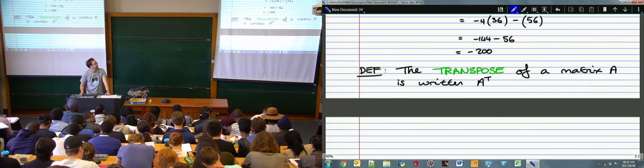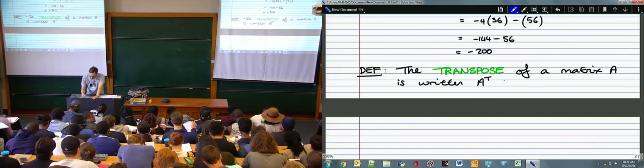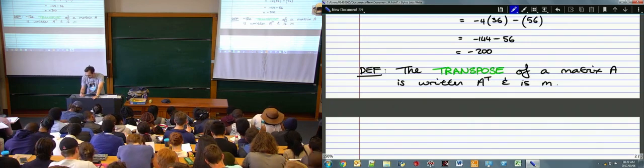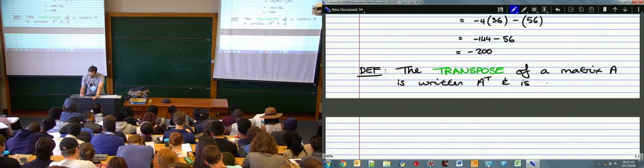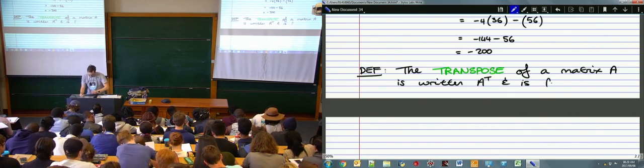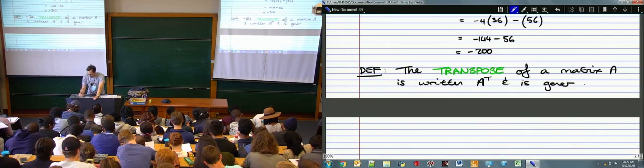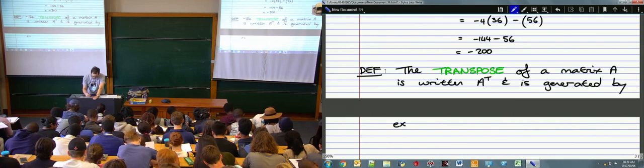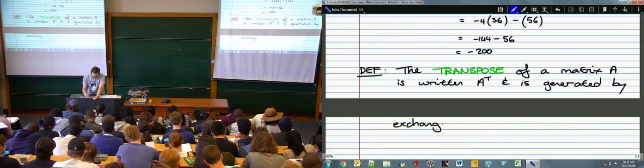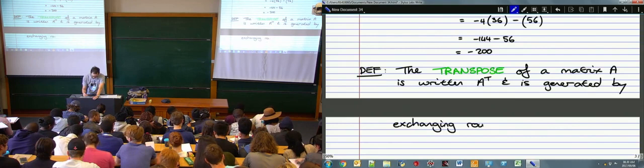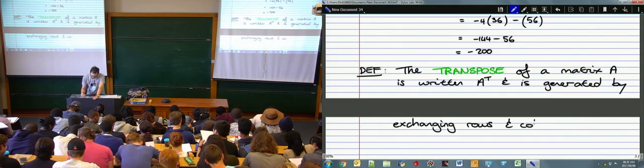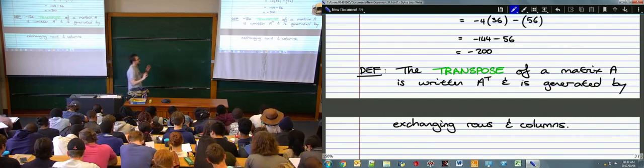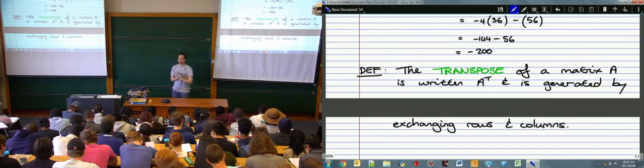The transpose of a matrix A is written A transpose and is generated by exchanging the rows and columns of the matrix.